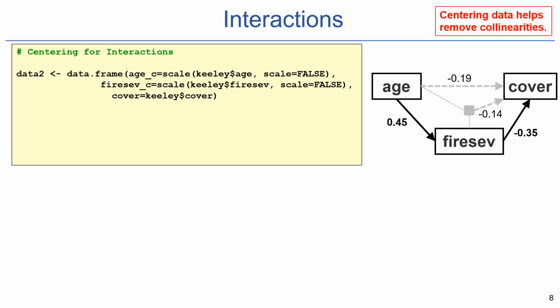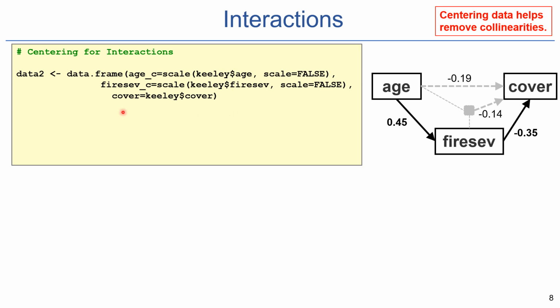To recenter data, we can use the function scale on the variables which we want to recenter. And if you don't want to rescale data by standard deviation, for instance, then we use the argument scale equal false. So I want to recenter variables age and fire severity in order to get rid of the collinearity, the high correlation between them and the interaction.